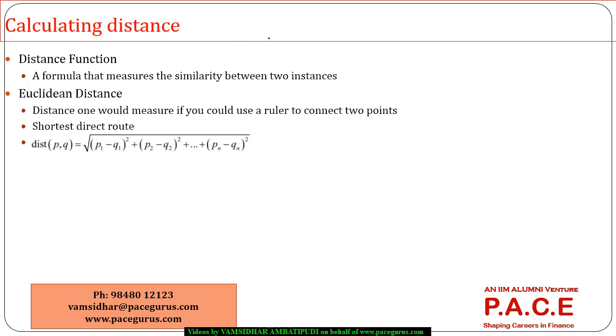Now, in all this process, when we are using the word nearest neighbors, there should be some kind of mechanism to compute the nearest or the farthest, right? That is being executed through the distance function, a formula that is measuring the similarity between two records.